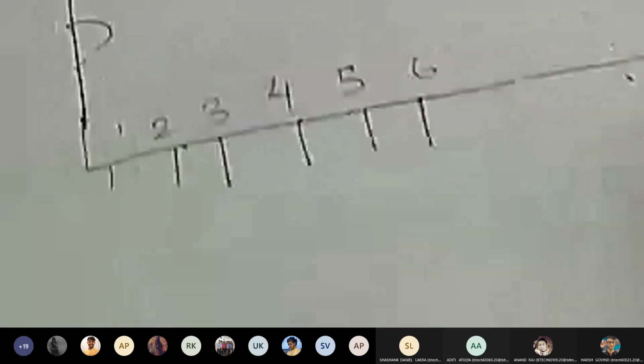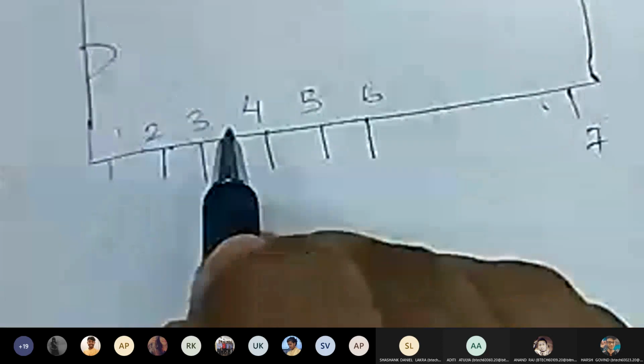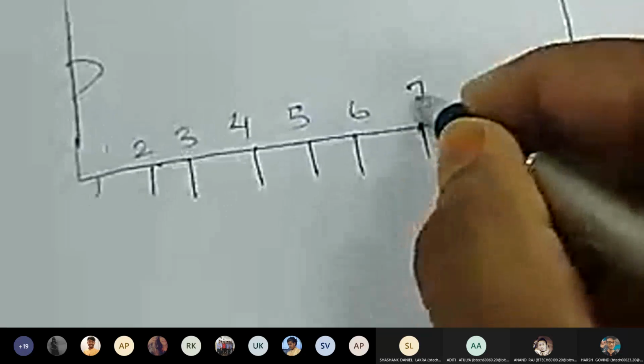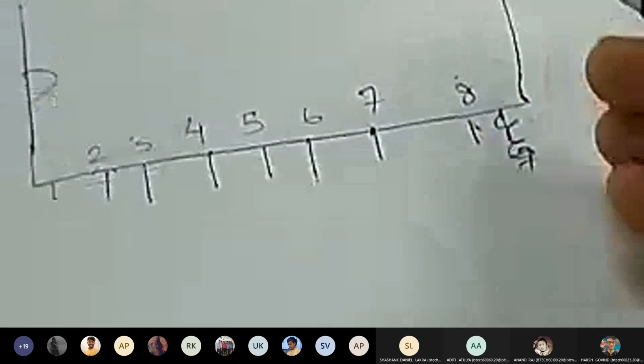In this IC there is a bit of confusion, because here we will be using 16 pins, not 14 pins. So 5, 6, this is your 7, and sorry dear students, this is your 8.